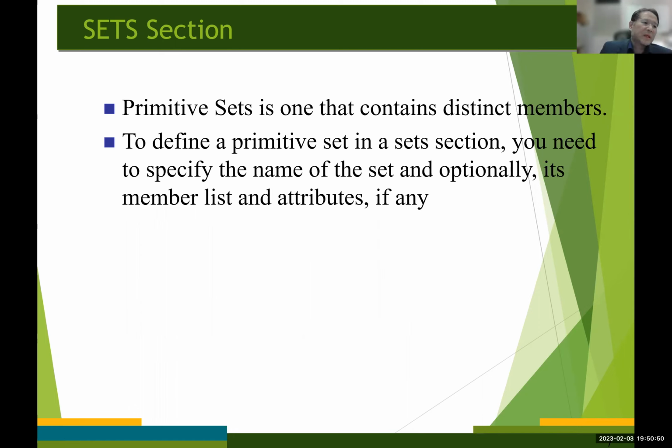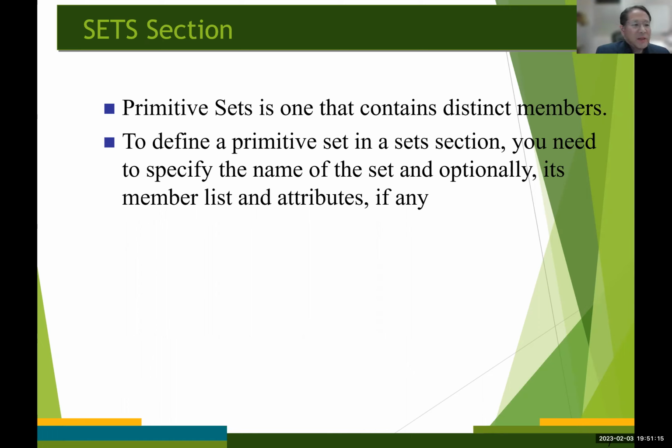And to define a primitive set in a sets section, you need to specify the name of the set, and also, optionally, its member list, which is the list of members that constitute the set, and any attributes the members of the set may have.